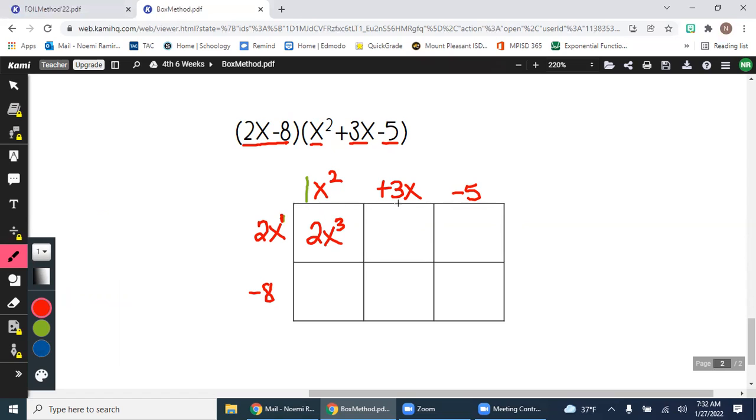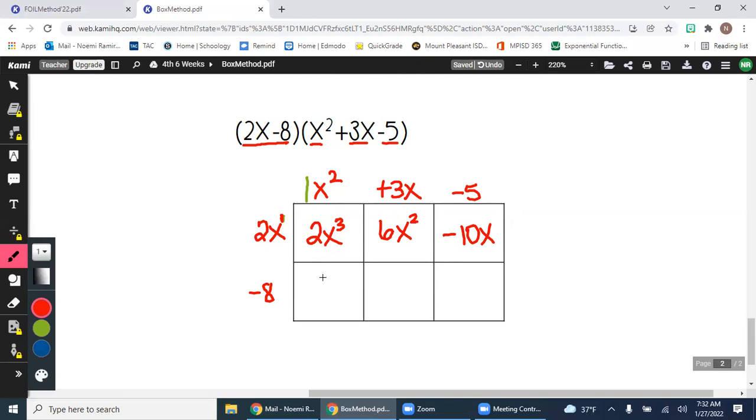Okay, let's try the next one. We have 2x times 3x. 2 times 3 is 6. X times x, should know by now, x squared. Next one, 2x and -5. So 2 times -5, -10x.